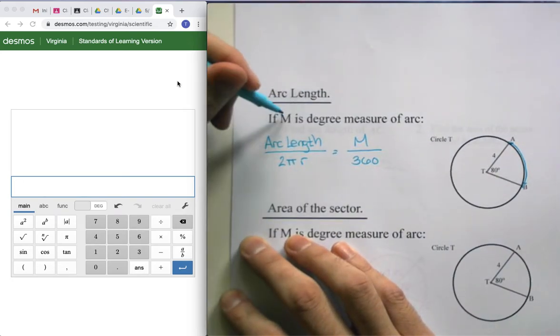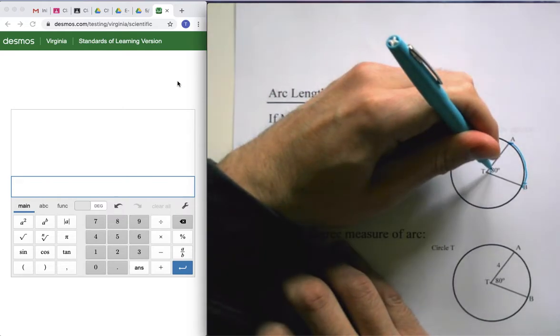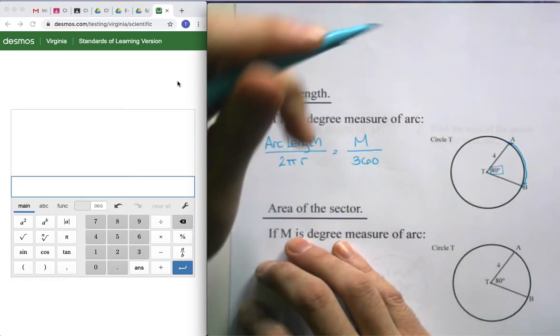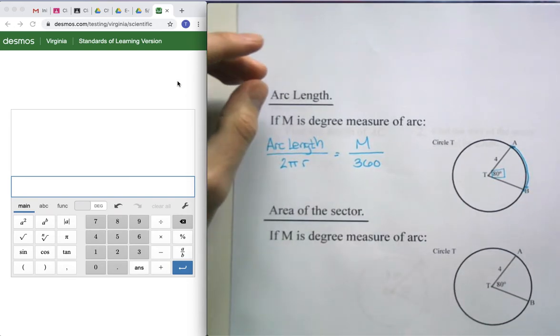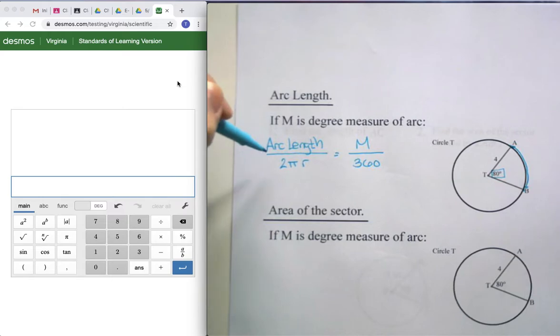It says m is the degree measure of the arc. So in this example, this would be m. Whatever your angle is inside the circle, that is your m, that's your arc measure. This equation is going to help us find arc length today.